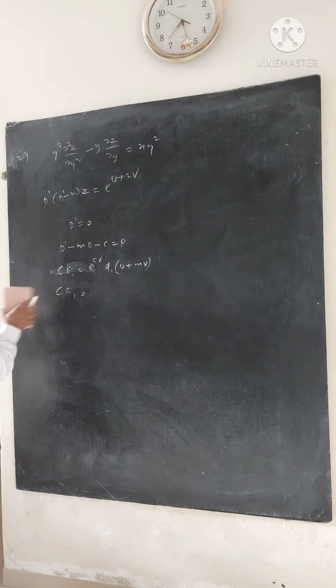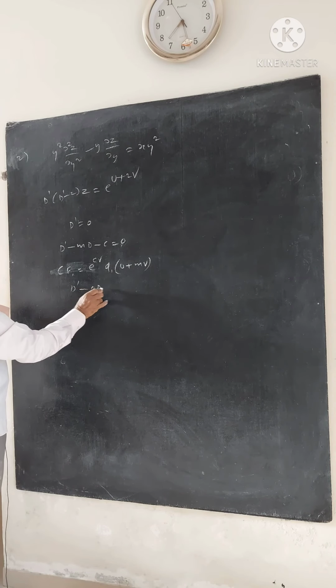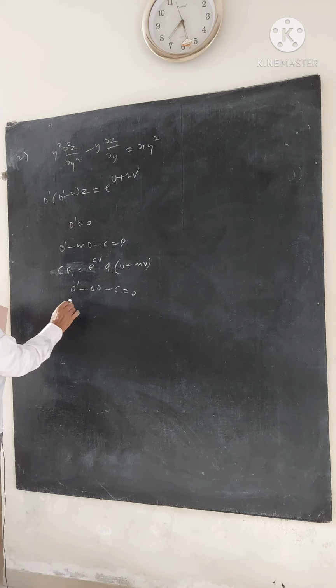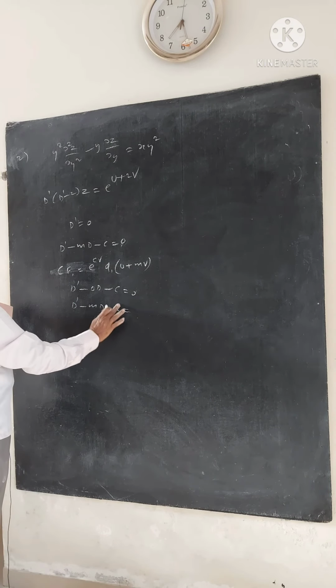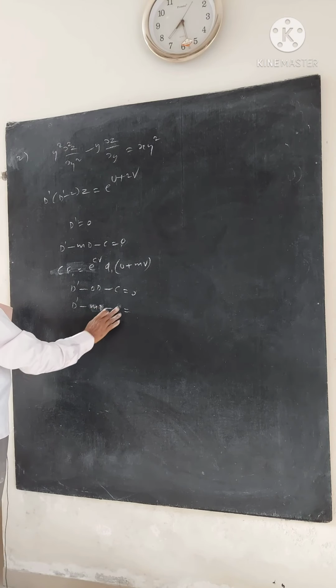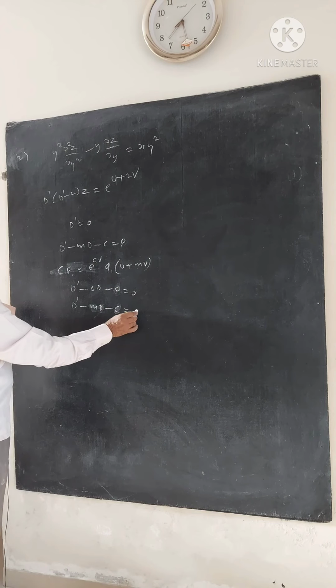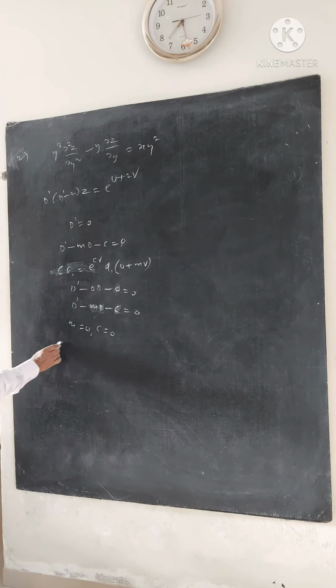Comparing these two, d dash minus md minus c equal to 0, we get 0 minus c equal to 0. Compare the coefficients: m equal to 0, c equal to 0.